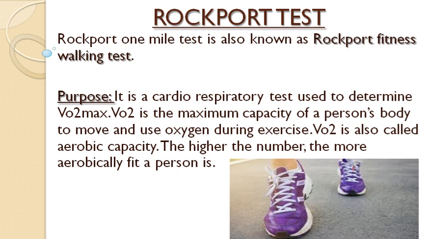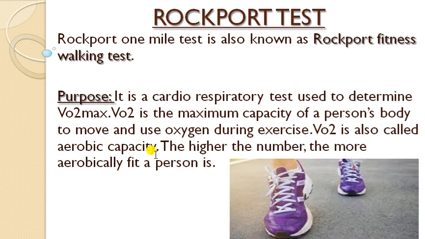What is VO2? It means maximum volume of oxygen, which measures the maximum volume of oxygen in a body. So VO2 is the maximum capacity of a person's body to use oxygen during exercise. VO2 is also called aerobic capacity.